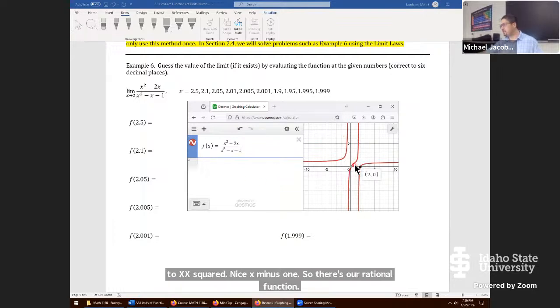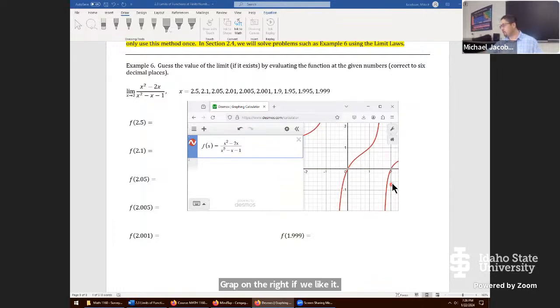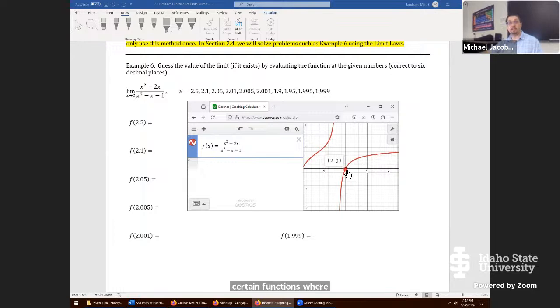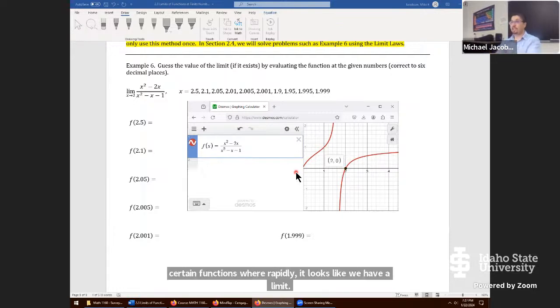It looks like the limit should exist. Let's take a look. It looks like it exists, and it looks like it's 0, but technology is flawed. It's possible to write down certain functions where graphically it looks like we have a limit, but it's actually the totally incorrect limit. Functions can be weird.